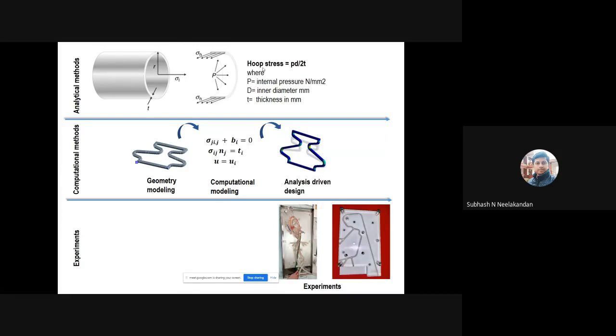Once we are pretty sure of the approximate boundaries or numbers, the next stage is bringing it towards a more optimum configuration, which should be safe and effective, and that can be achieved through computational methods or through experiments.